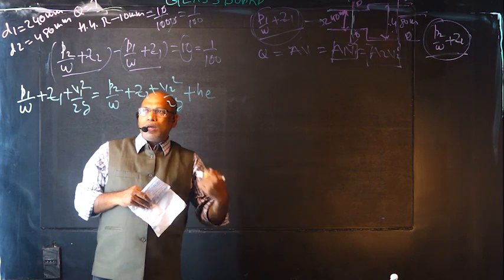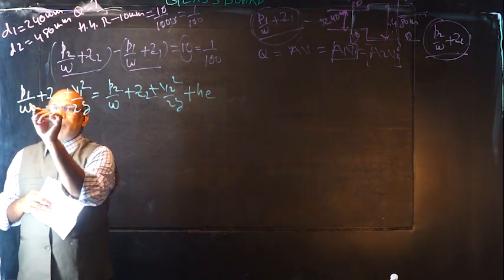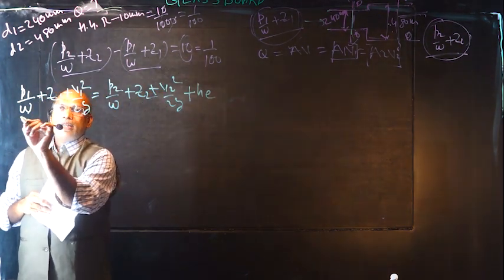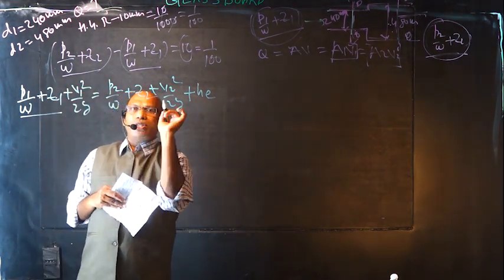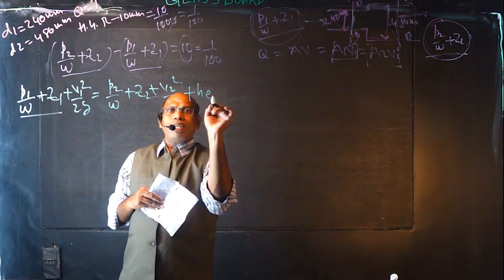Now, P1 by W plus Z1 plus V1 square by 2G is equal to P2 by W plus Z2 plus V2 square by 2G plus HE.